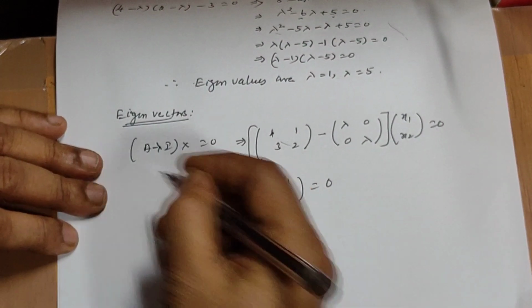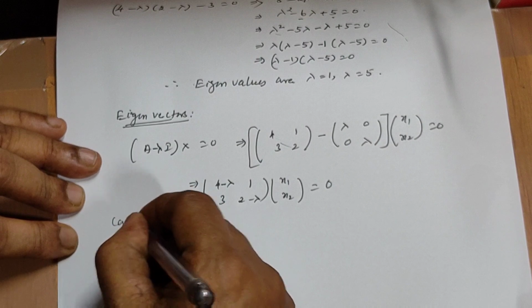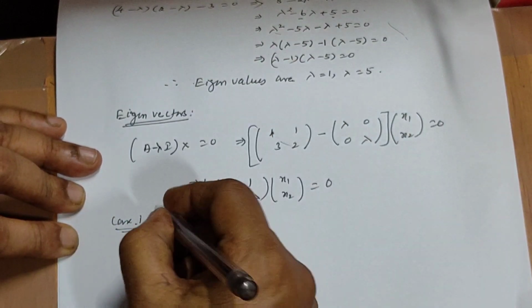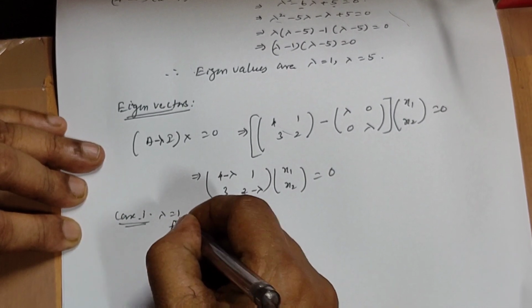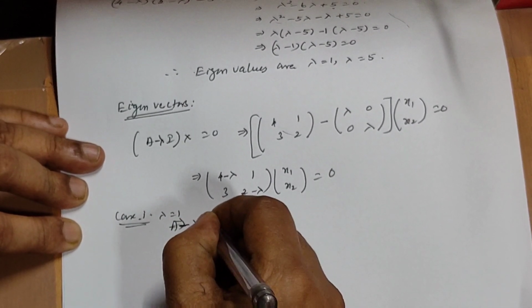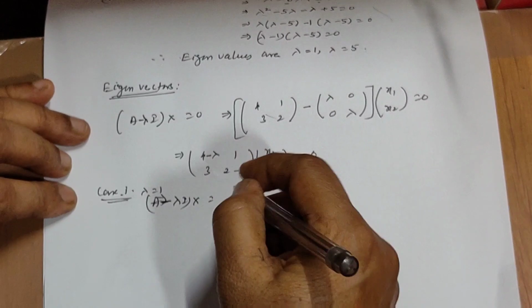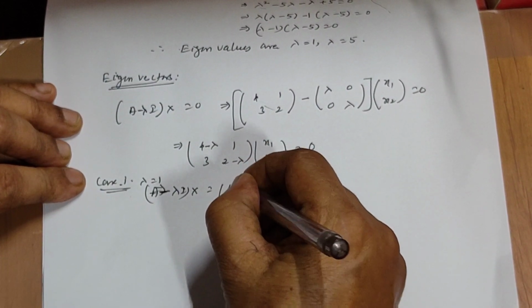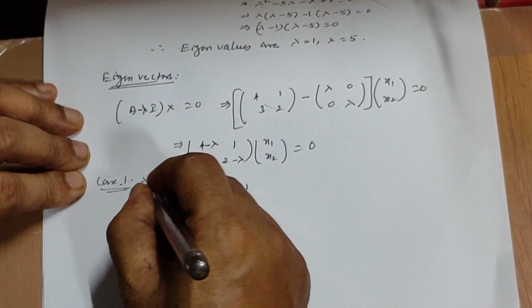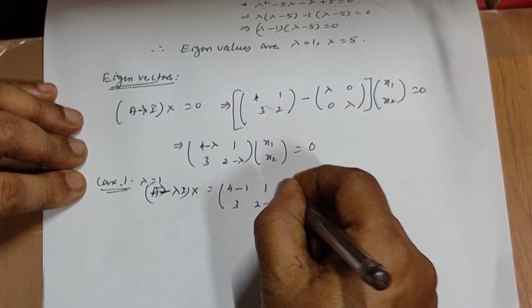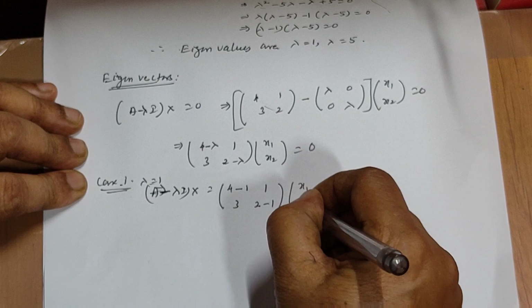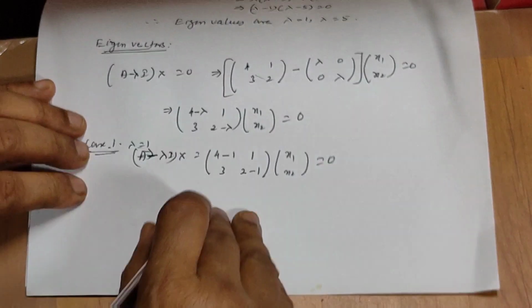Now for the first case, let us take case 1. In case 1, we are taking the first eigenvalue, that's lambda equal to 1. So your (A minus lambda I) of x will be 4 minus 1, taking lambda as 1, then 1, 3, 2 minus 1, into x1, x2 equal to 0.